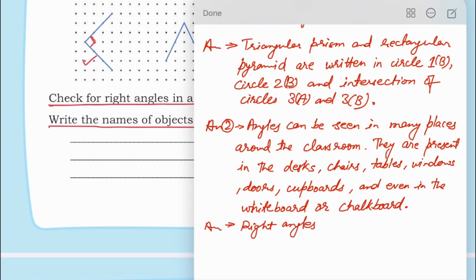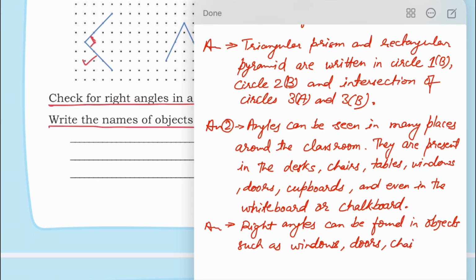Right angles can be found in objects such as windows, doors, chairs, whiteboards, blackboards, books, desks, etc.